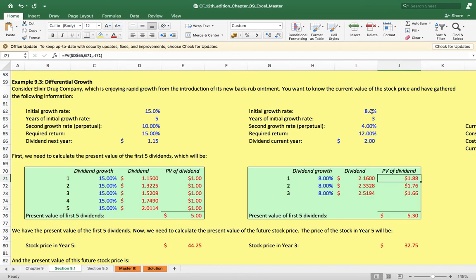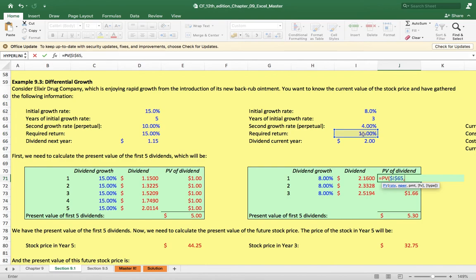Now we will calculate the present value of 2.16, because 2.16 is after 1 year. Today, what is the value? It is equal to PV. Then it is asking what is the rate. Rate is equal to cost of capital 12%, but it is fixed. So F4, because we will go down, it will remain fixed.